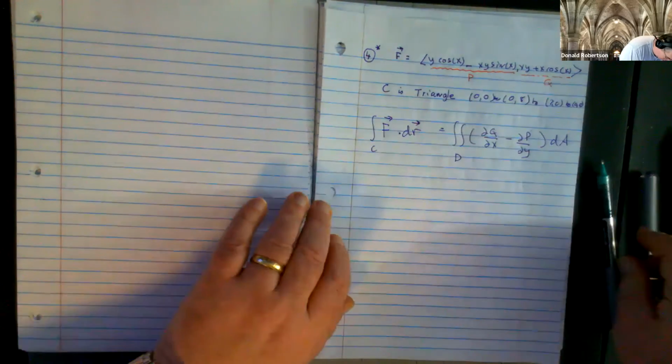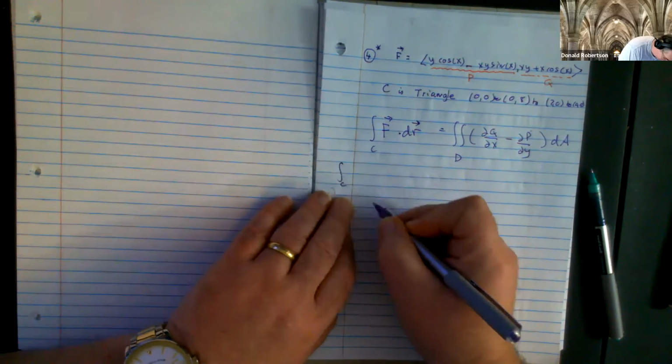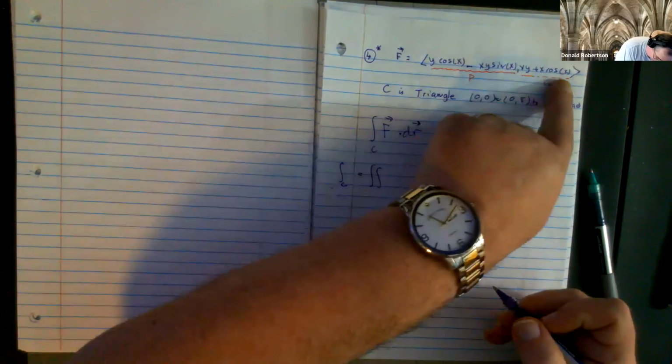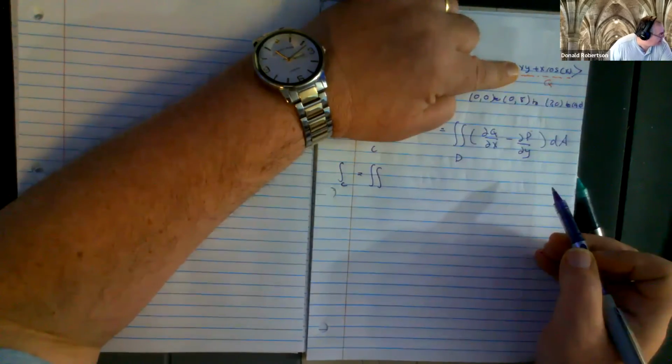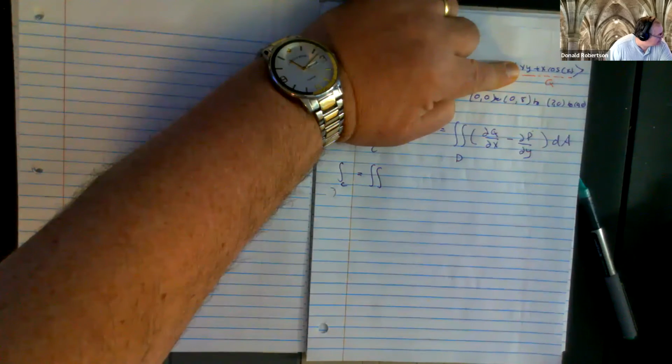So my line integral is going to be a double integral. If you differentiate this expression here with respect to x, that is a downright ugly question. Well, evidently it must be here for a reason.